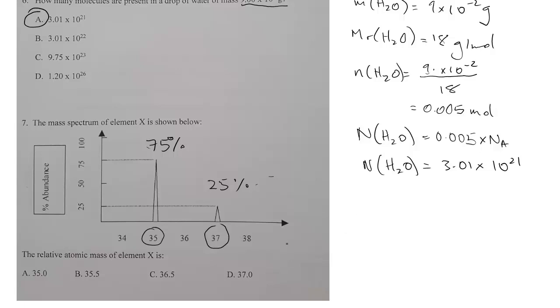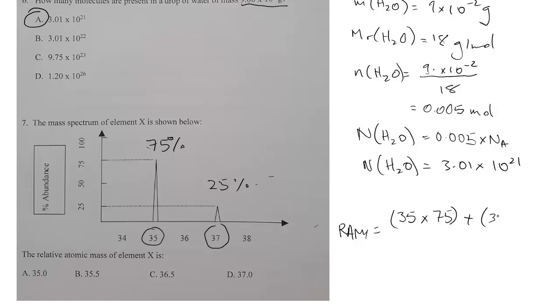So we're asked to find the relative atomic mass of element X, which remember what you need to do is take the relative isotopic masses, so 35, times it by its percentage, so 75, and add it to the other isotope and its percentage.